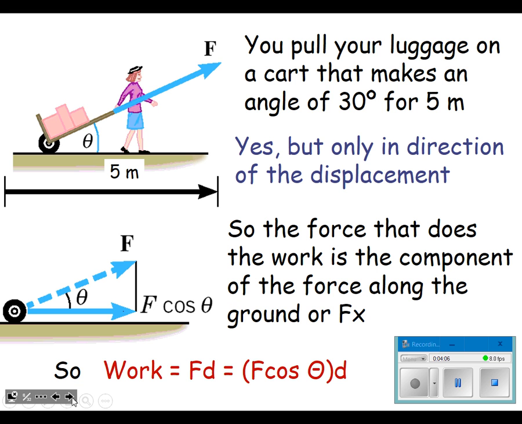So work can also be done by saying F cosine theta times d, because that would then make them on the same plane with each other. If the displacement was up and down, then I could have also used F sine theta, because that would have been the up and down force. So you just have to make those 2 match in the plane we're talking about.